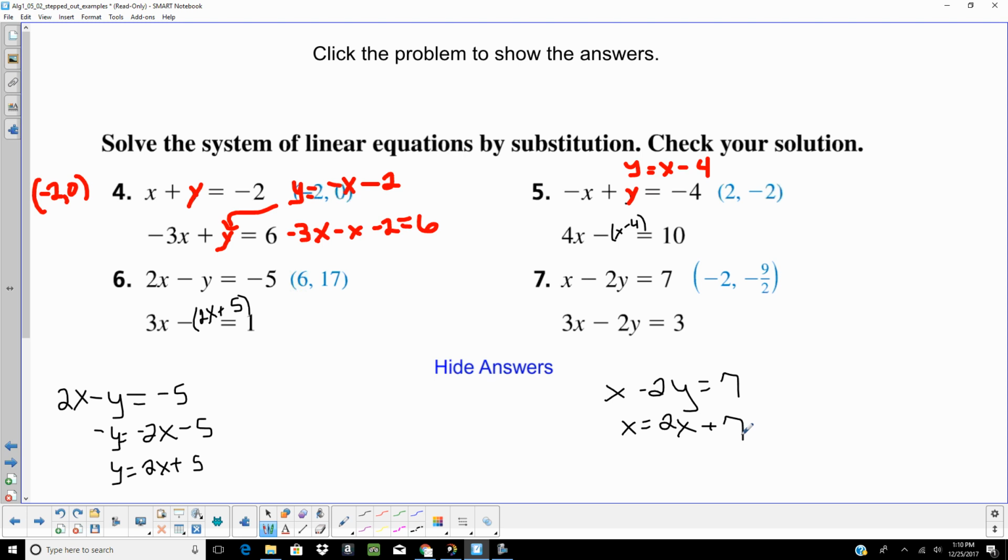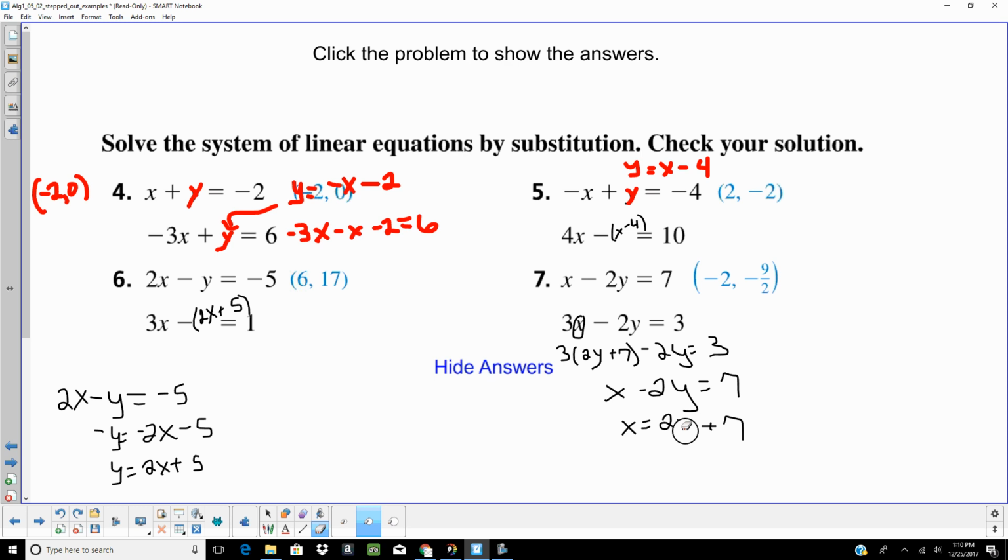You get 2y plus 7, and then you would have put it into this value of x, so 3 parentheses, 2y plus 7, and then you don't want to forget your minus 2y equals 3. And then you can go ahead and solve it from there.